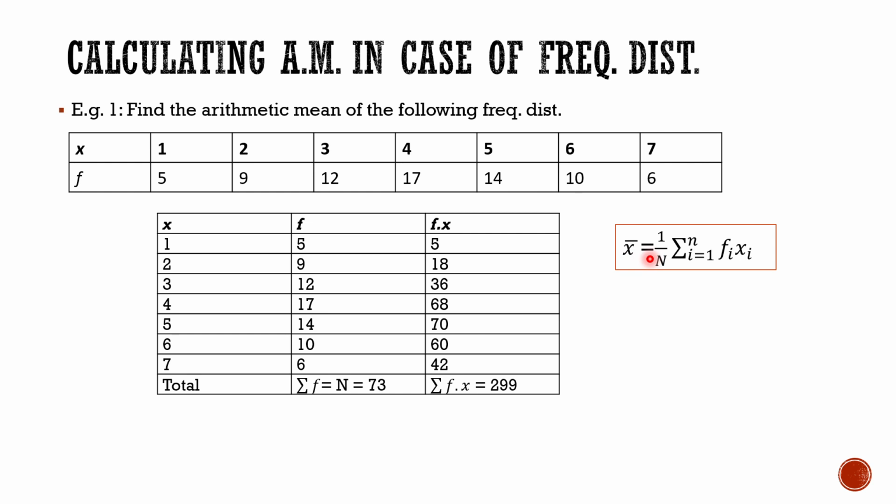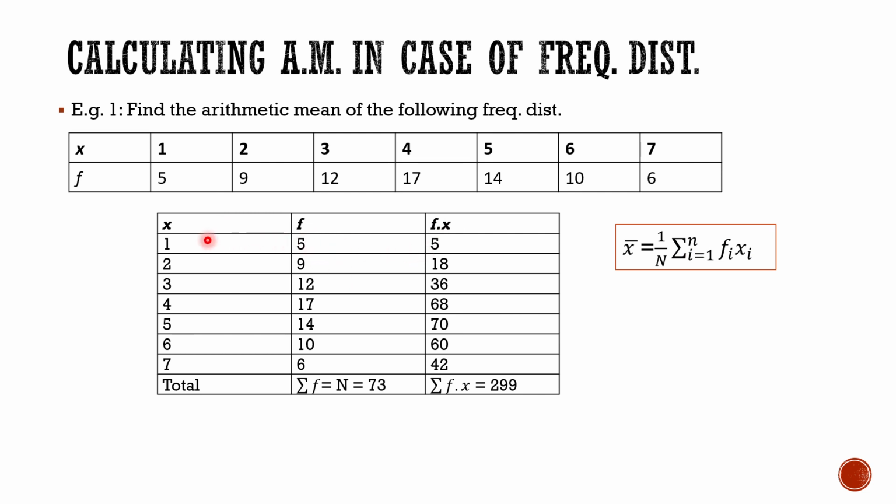So we need two things. First is we need summation of fi's, that is capital N, and we need summation of fi xi, and for that we'll have to multiply frequency with corresponding x values.